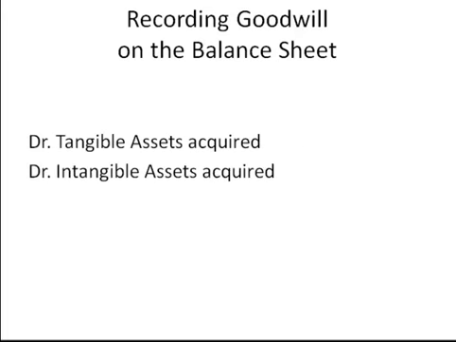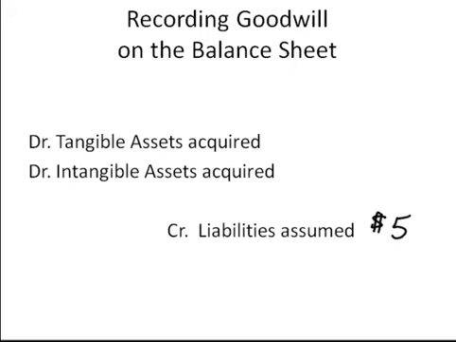Intangible assets, such as patents, trademarks, copyrights, will also be recorded at their identifiable fair market value. The liabilities assumed will be recorded based upon their value. The cash paid will be recorded.